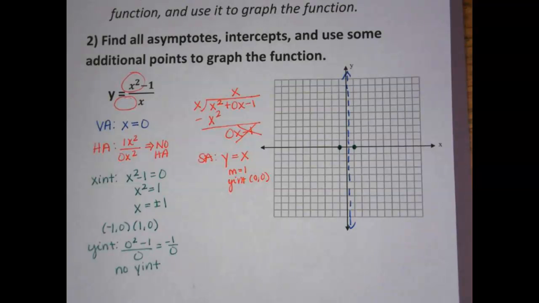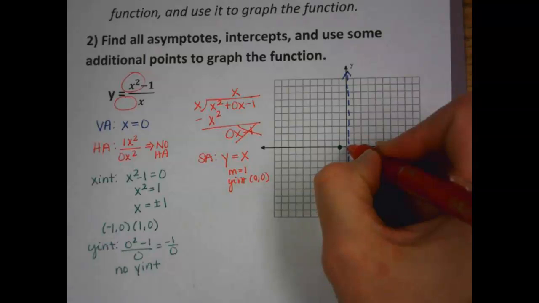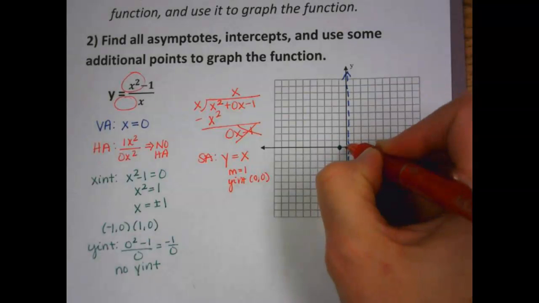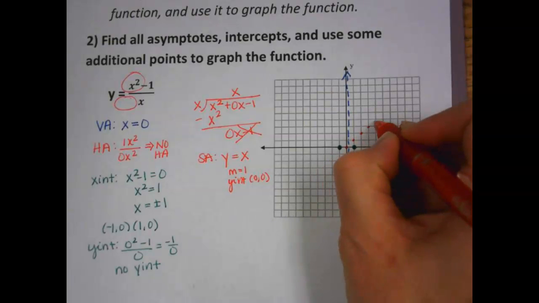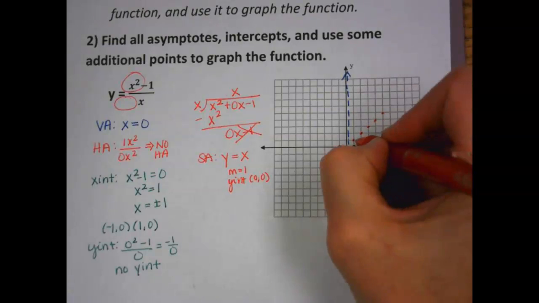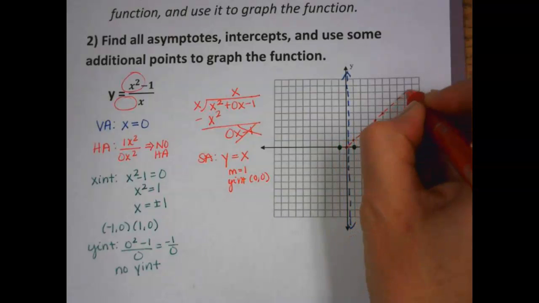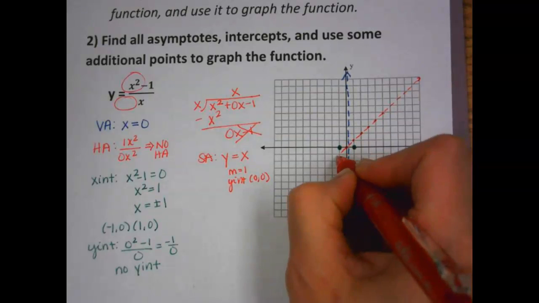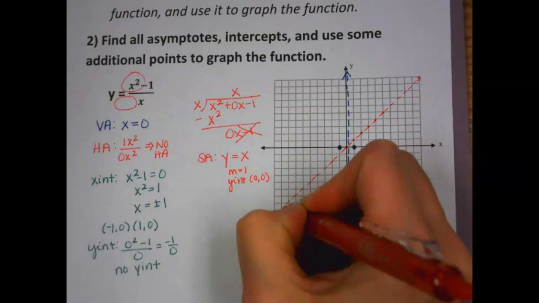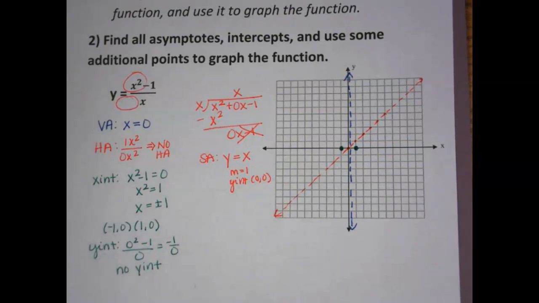And I have a slant asymptote at y equals x. So that slant asymptote will go through 0, 0, and then up 1 over 1. So this is the path of that slant asymptote. Asymptotes are always dotted.